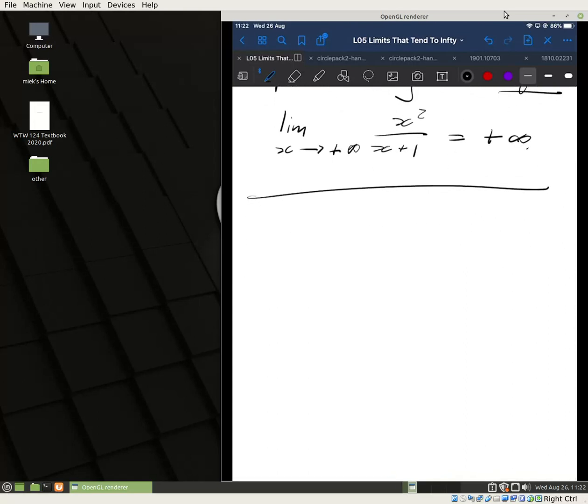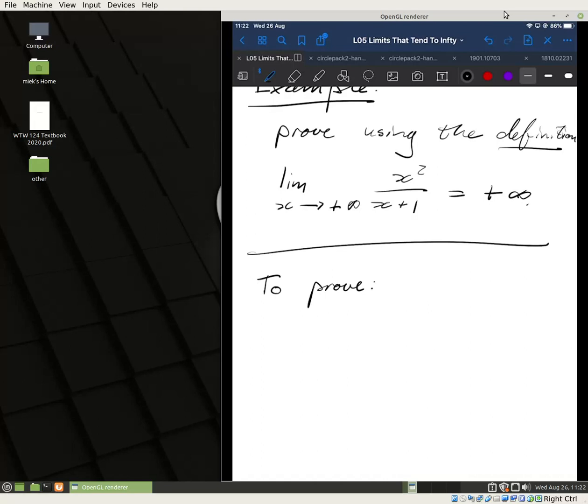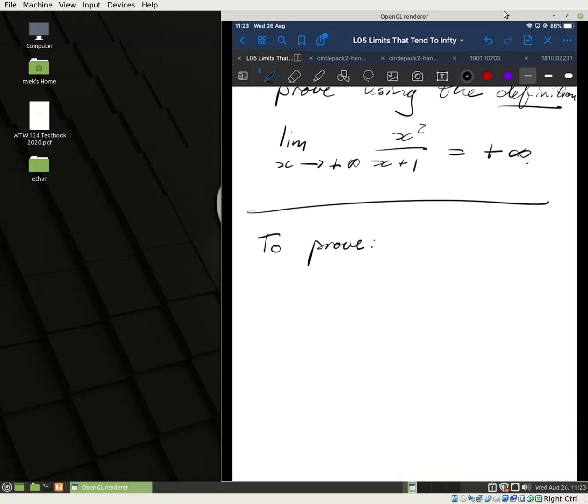So first thing we do is we write out exactly what we have to prove. What do we have to prove? Now all we do is expand the definition of what this statement means.